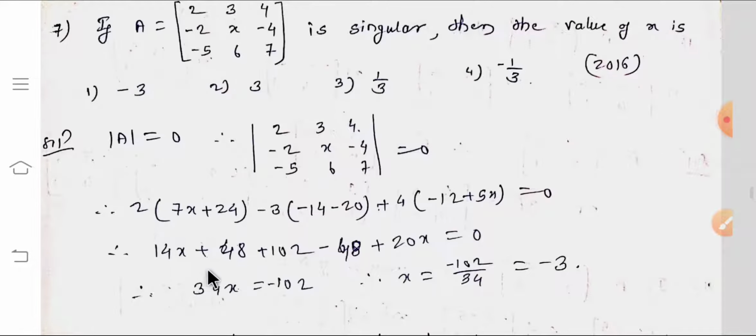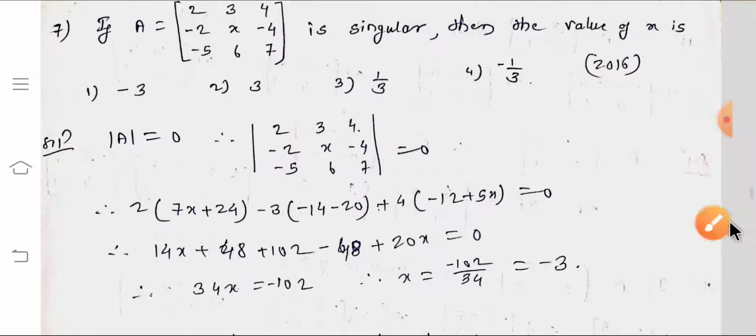So this is 14x plus 42 plus 12 minus 48x plus 20x equal to 0. By expansion, 14x plus 20x is 34x equal to minus 1 by 2 of the right hand side, so x is equal to minus 102 by 34, that is minus 3.